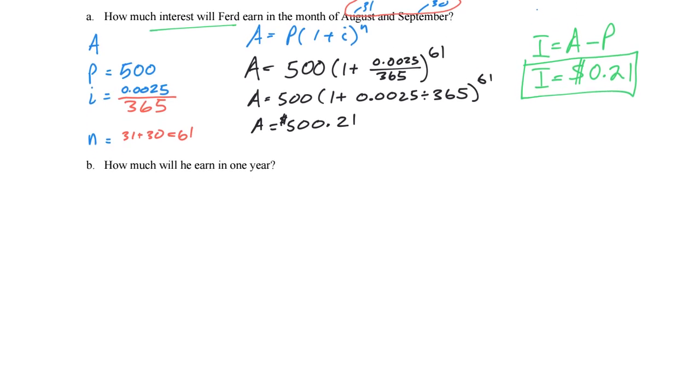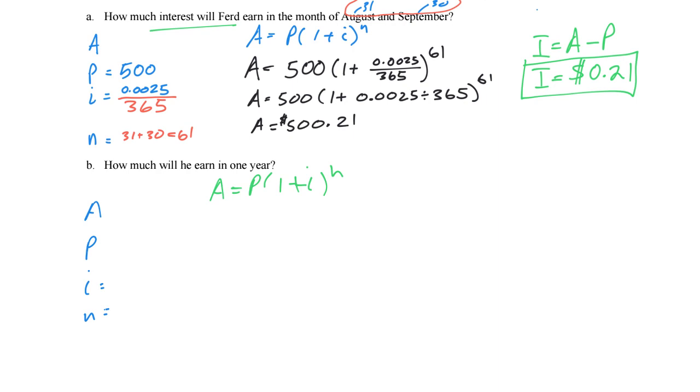How much will he earn in 1 year? So imagine if I have 365 days in a year. So remember, we're going to start with A is equal to P(1 + i)^n. And then we start with A, P, i, and n, just like before.